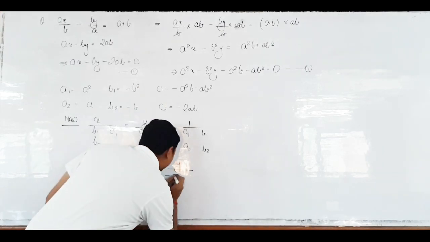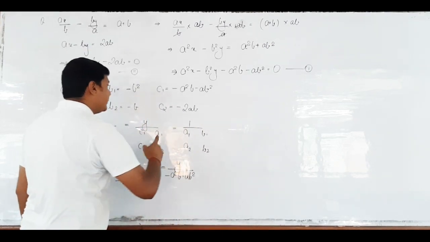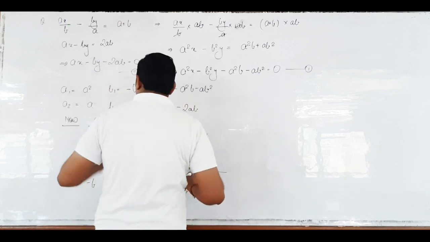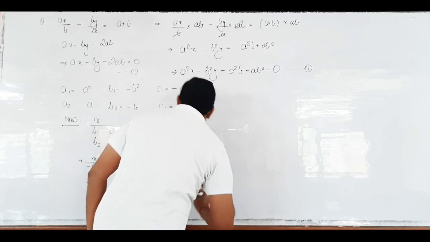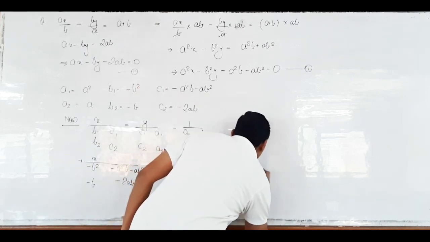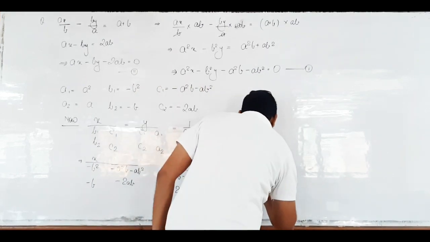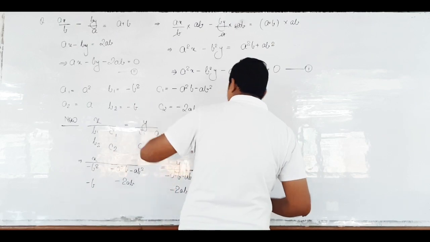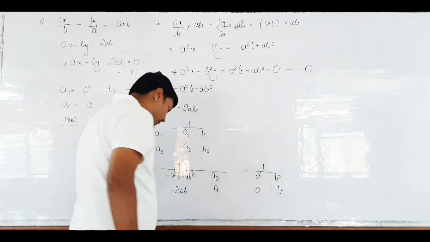So c1 is minus a square b minus ab square, by minus 2ab. a1 is a square and a2 is a. 1 by a1, a1 is a square, sorry, and a2 is a, and b1 is minus b square by minus b. So that's the format.